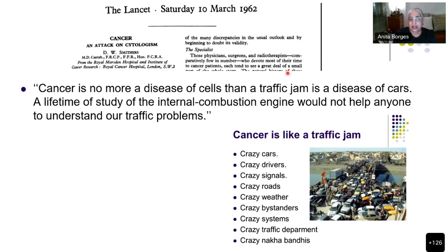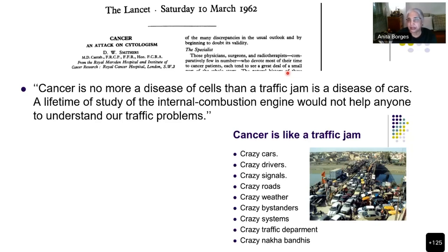He said a lifetime of study of the internal combustion engine, which is what we talk about, the nucleus that is actually making the cells, it's mutated and it's making the cells go crazy. We talk about rogue cells. A lifetime of study of the internal combustion engine would not help anyone understand our traffic problems.